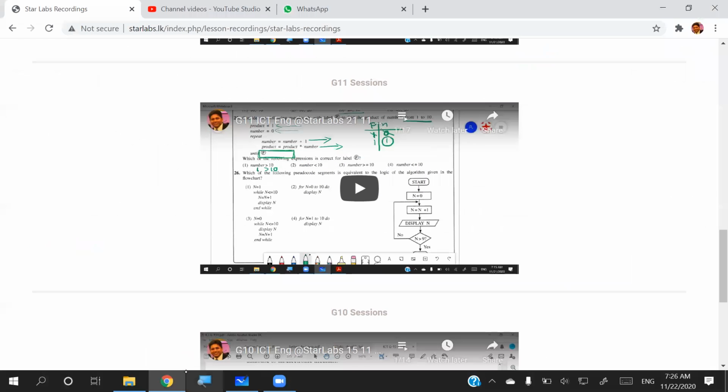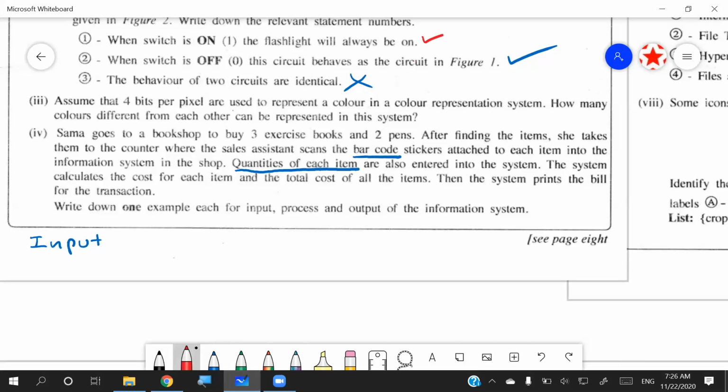Then the processes. The system calculates the cost for each item, so calculating cost for each item is a process. And the total cost of all items, so calculating the total cost of all the items is another process.